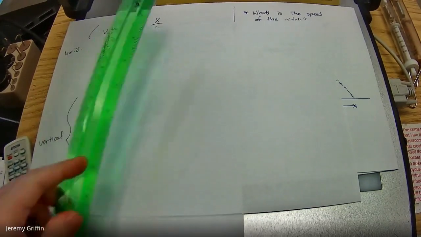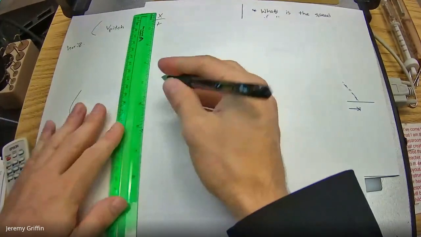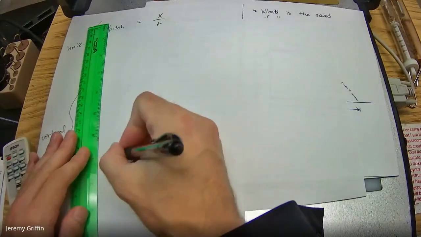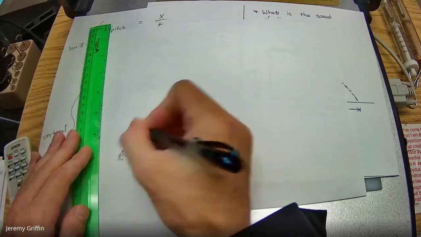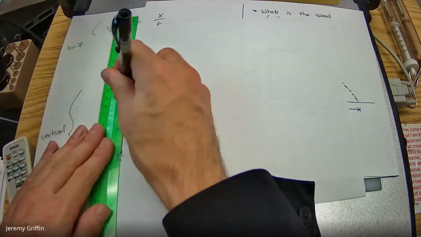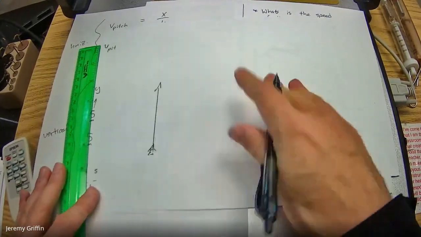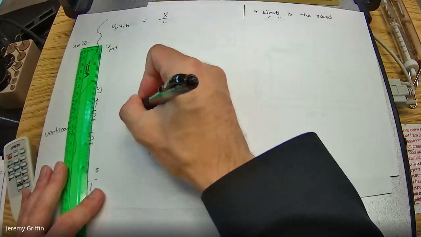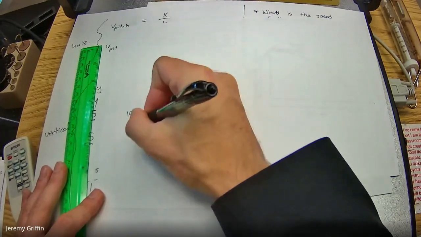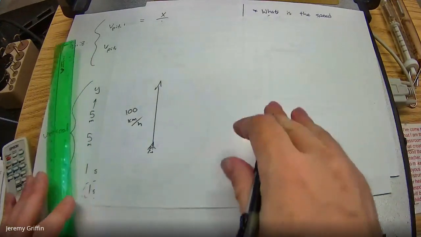The question before that one was like a plane flying in the same direction as the wind. So let's take a look at that one. Here's the plane. Maybe its propellers can propel it forward at 100 kilometers per hour, which, by the way, is about 60 miles an hour.